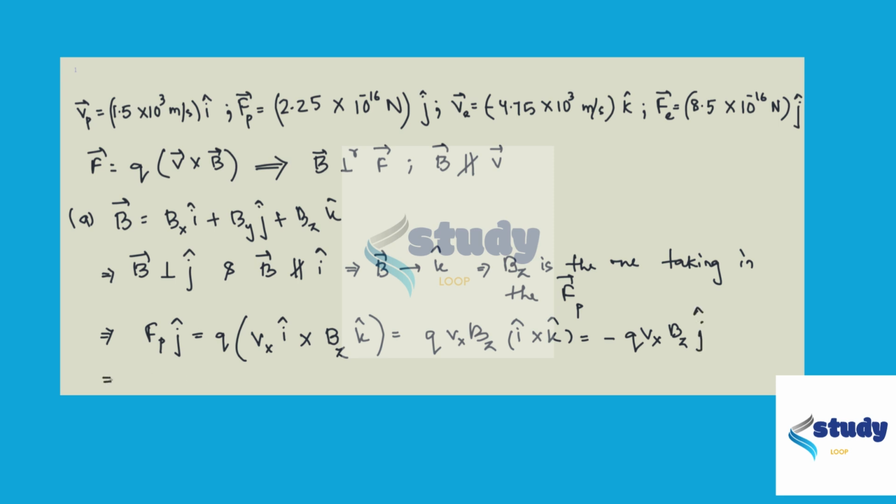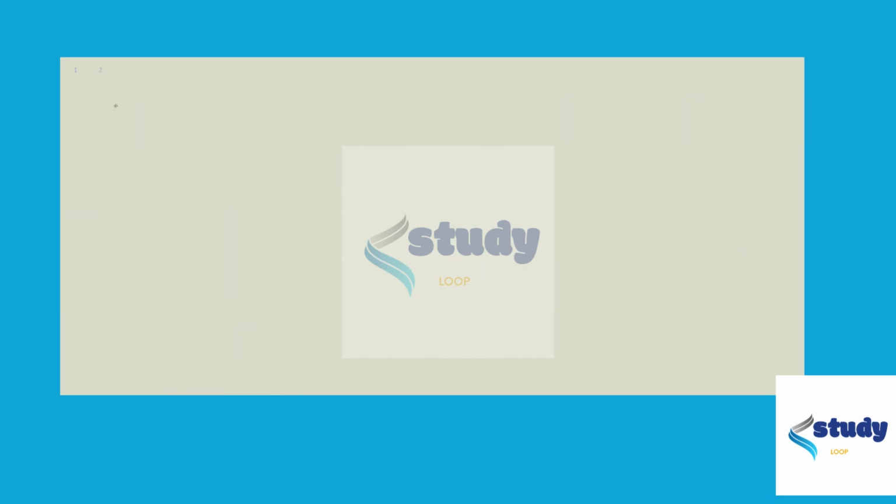From here we can see that the magnitude is equal to negative q Vx Bz. This gives the magnitude of the magnetic field along the z direction to be negative Fp over q times Vx.